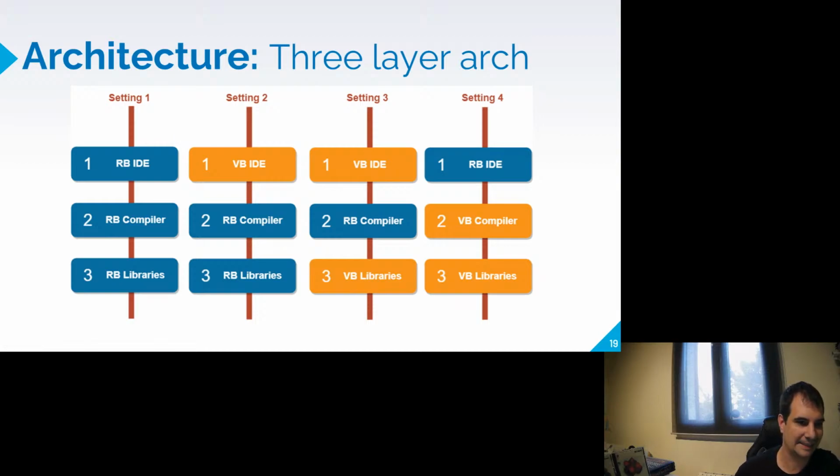Setting 1 is a total transition to RAD Basic: use the RAD Basic IDE, the RAD Basic Compiler, and the RAD Basic Libraries. Setting 2 is using the RAD Basic Compiler and RAD Basic Libraries.